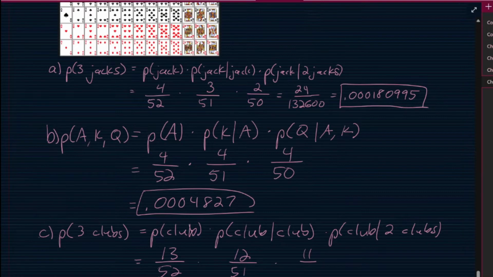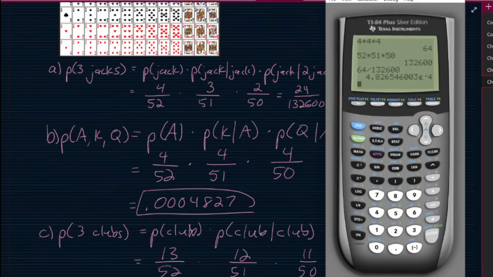And then the probability that we get another club, given we've already picked 2 clubs, there were 13, now there's 11, and there were 52 total cards, now there's 50. And then we just do this multiplication. So 13 times 12 times 11 divided by 52 times 51 times 50.